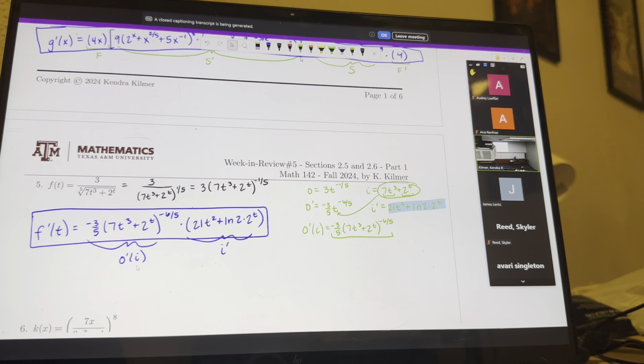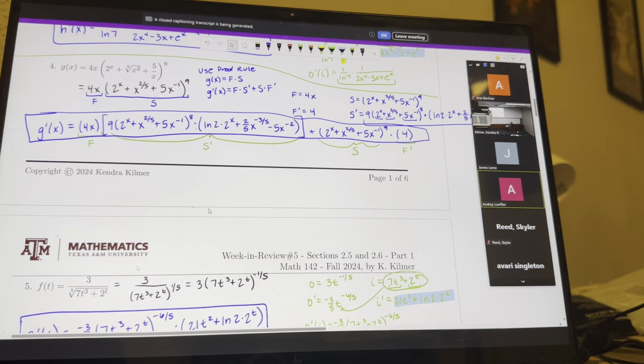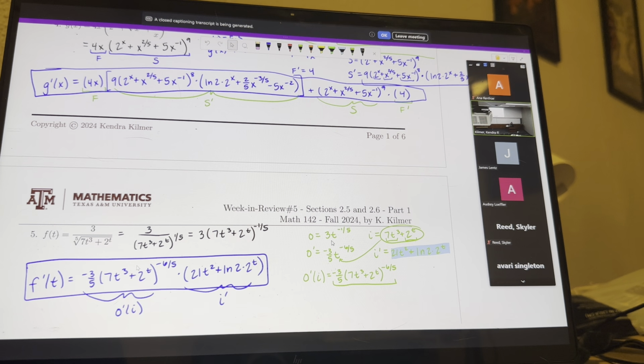Yes, Audrey. Okay, so I just had a question. I was looking at this one. Why is it that the 3 to the negative 1/5 power relates to that specific section of it? And for the problem before that, the 9th power didn't relate to the 4x. So the 3 to the negative 1/5, are you talking about where I defined my outer?